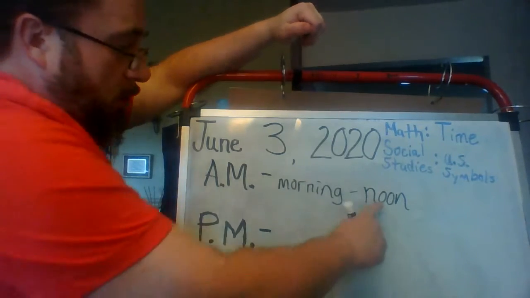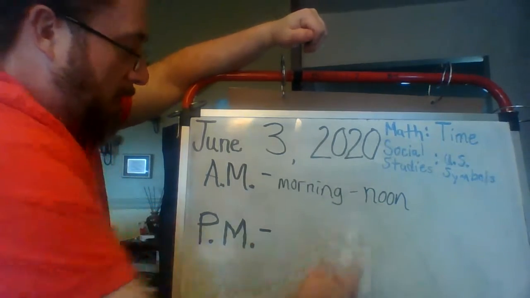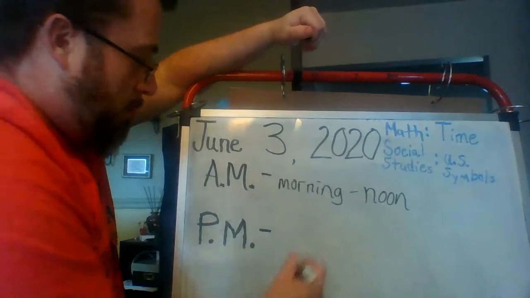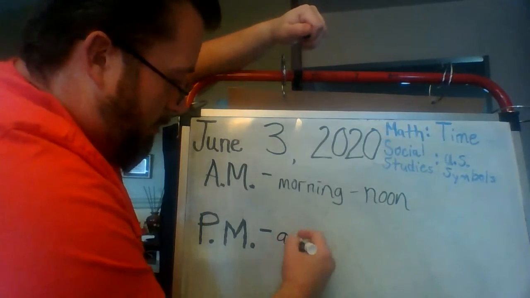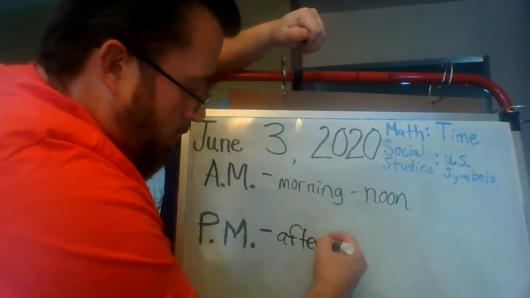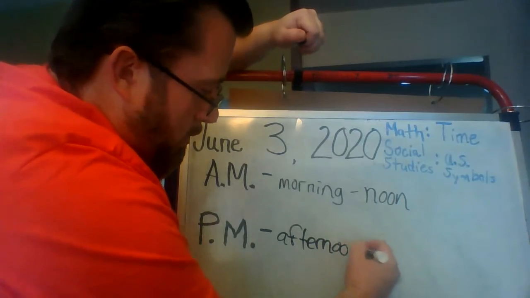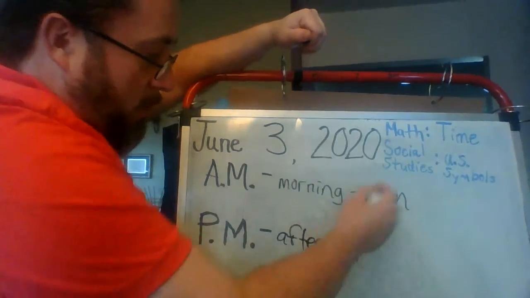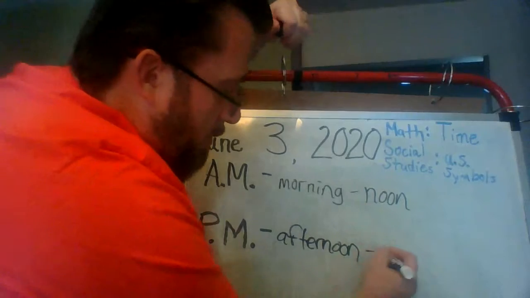Okay? Noon is the first PM time. PM is afternoon, starting with noon until midnight.